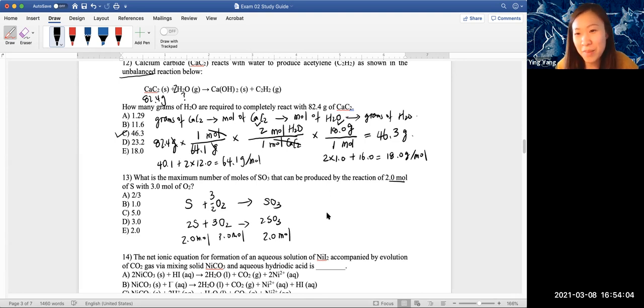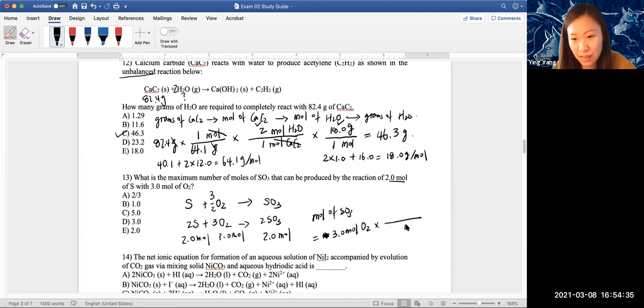But sometimes the ratio can be more complicated, so you also need to know how to do this dimensional analysis one more time, right? So the mole of SO3 equals the mole of sulfur, or you can also use oxygen, doesn't matter. Let's use oxygen as an example. 3.0 mole of oxygen, just cross this out.